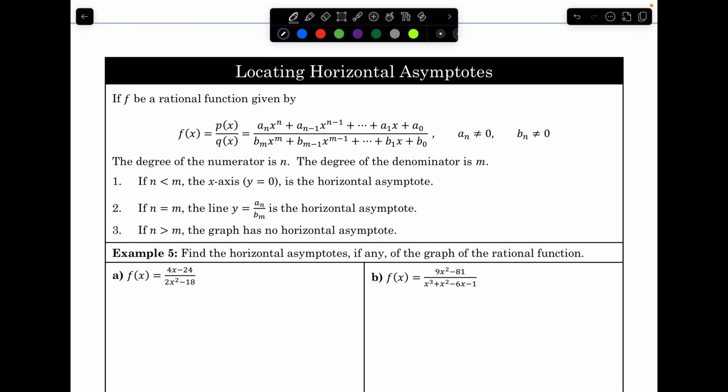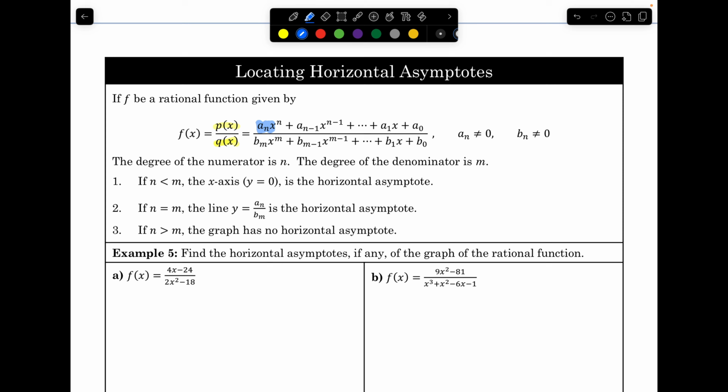Okay, so let's now talk about how we do this when we're given the rational function. Instead of doing any type of actual math, we're going to look at conditions and focus on the leading term of both the numerator and denominator of our rational function. Remember, our rational function is made out of a polynomial function divided by another polynomial function. So that means there are going to be leading coefficients.